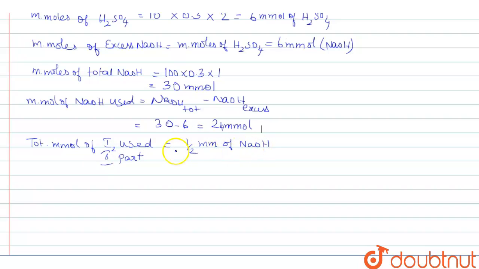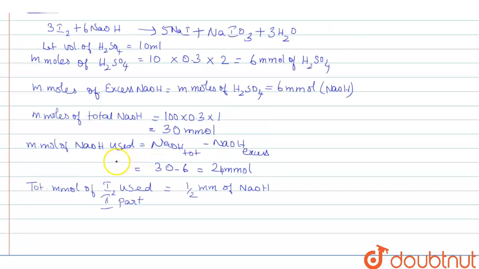You can check with your equation: 3 iodine to 6 NaOH, so 1 mole of I2 reacts with 2 NaOH. So I2 is half of the NaOH used, 24 divided by 2, that is 12 millimoles. So the iodine used in the second part is 12 millimoles.